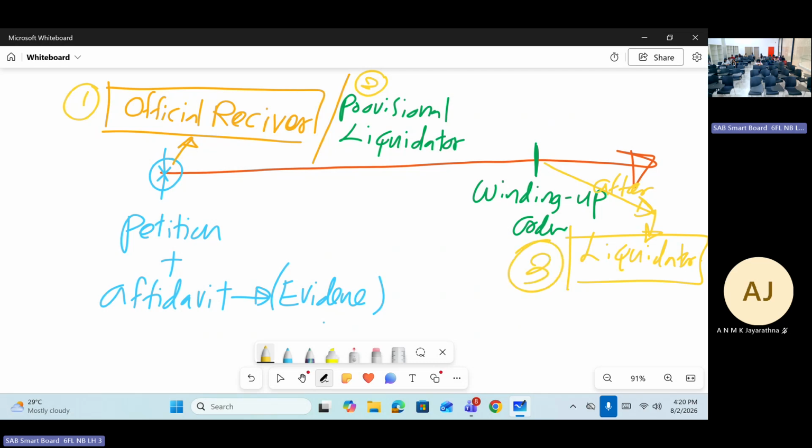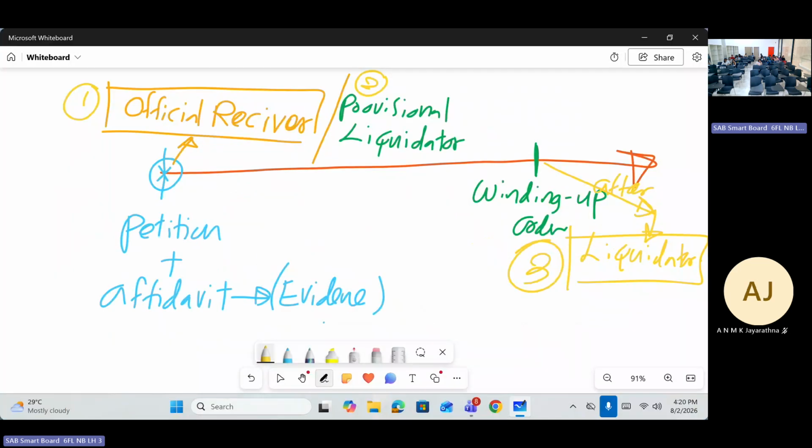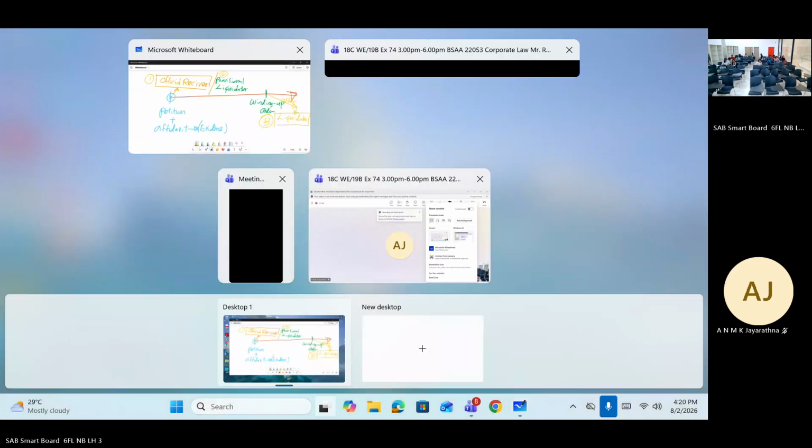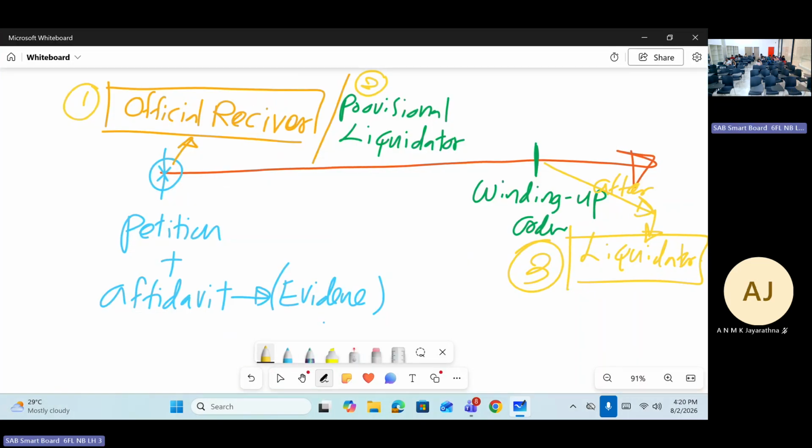They will conduct the liquidation proceedings. So this is the procedure of winding up by court.